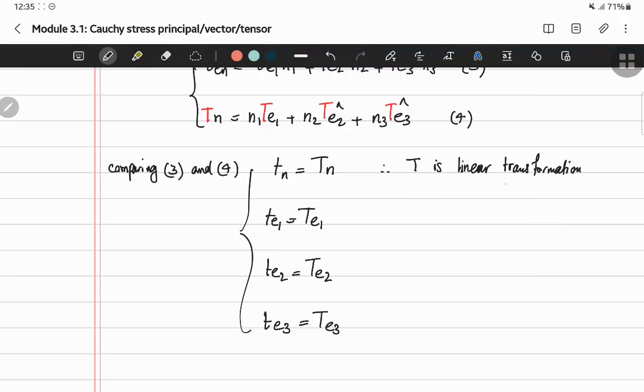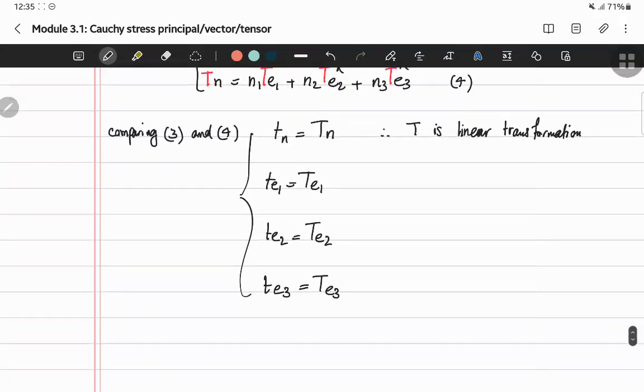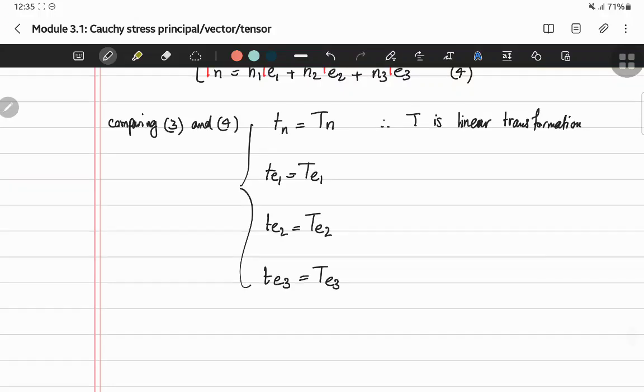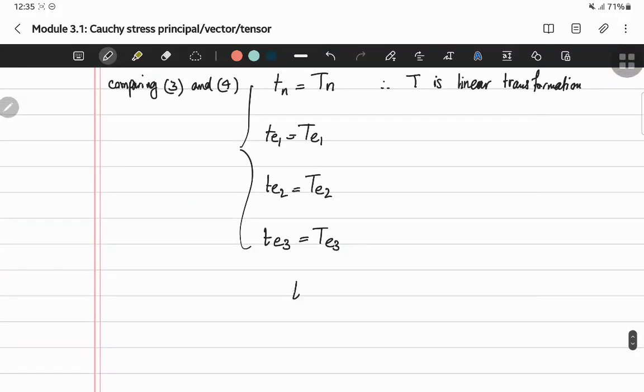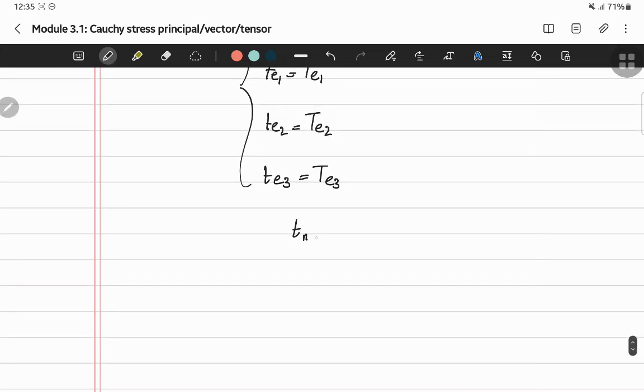So therefore, T is a linear transformation. So I can say Tn is equal to Tn in, let's say, the tensorial format or notation.